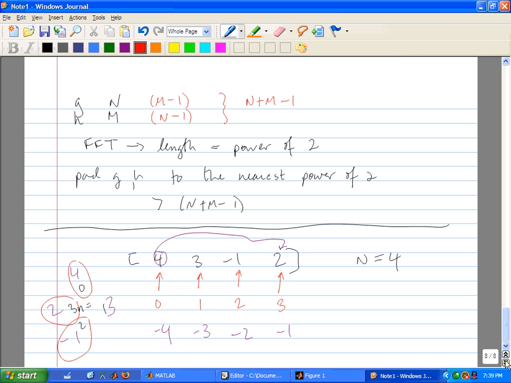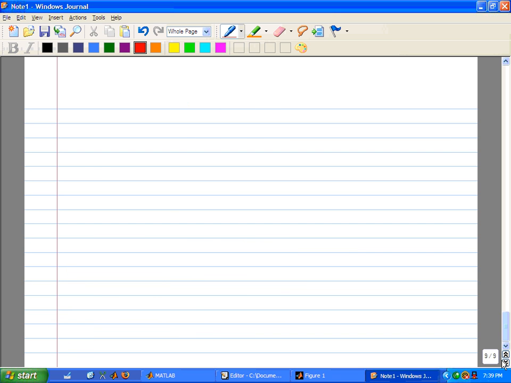So, again, we talked about this. x can be broken down into conjugate symmetric and conjugate antisymmetric parts. The conjugate symmetric portion corresponds to the real part of the FFT, and the antisymmetric portion goes to the imaginary portion of the FFT.